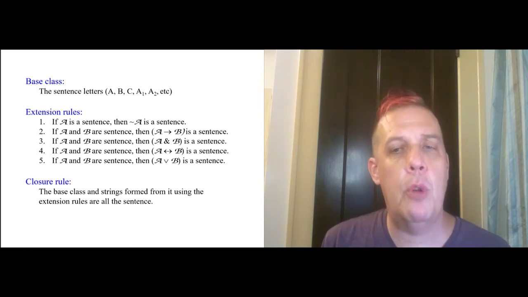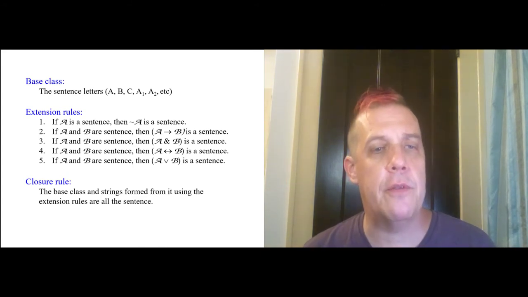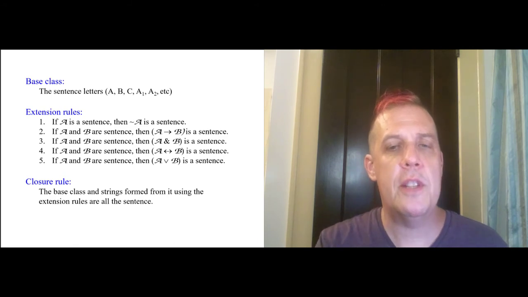And then you've got similar rules for the other connectives. What this means is that when you encounter a complicated sentence in SL, it has a structure in it that is based on how the sentence was constructed, how it was built up out of these basic parts.